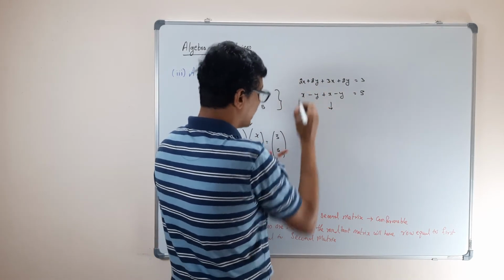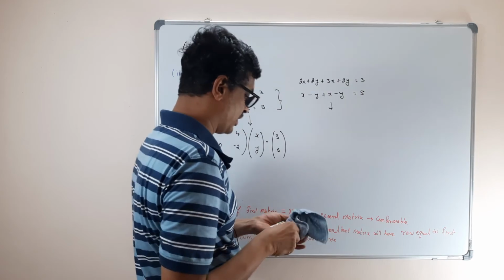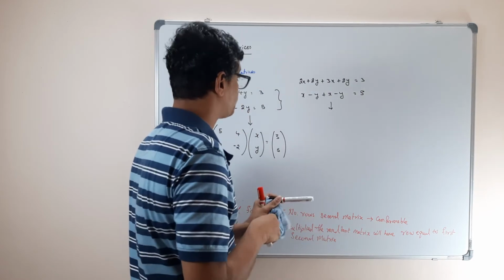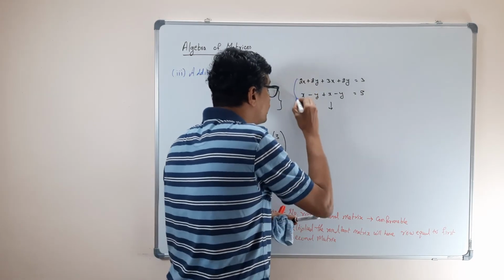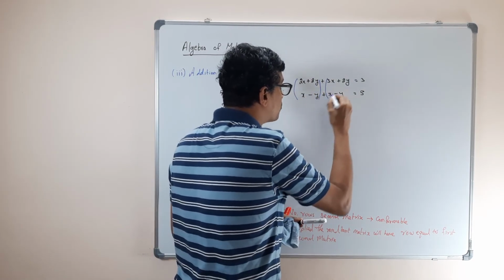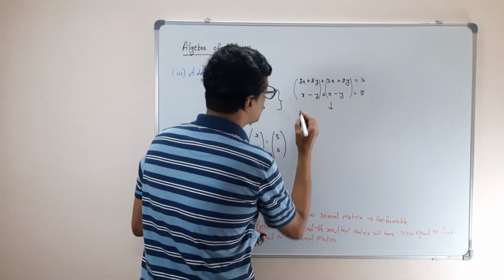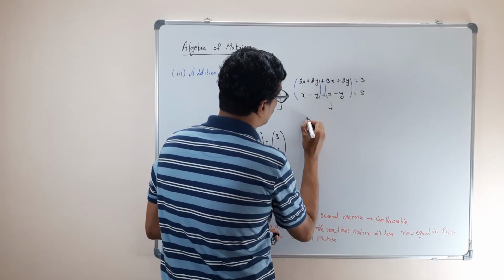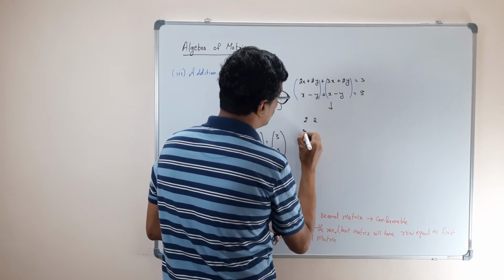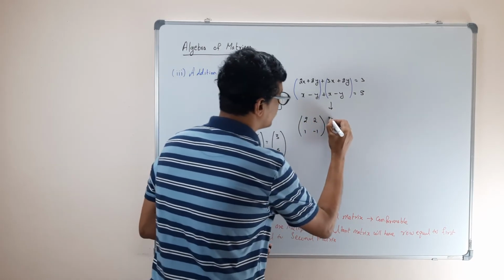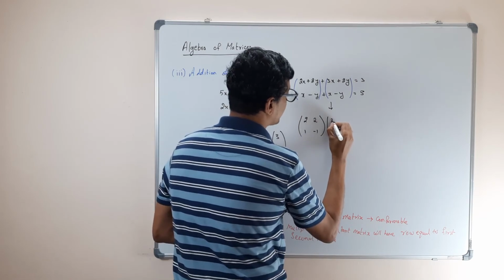So there I can see this one can form a matrix. Let us say I'll use a different color, so you will be able to differentiate it. I am going to write this portion and this portion. So what will be this portion? 2, 2, 1, minus 1. Correct? And here this will be x and y.